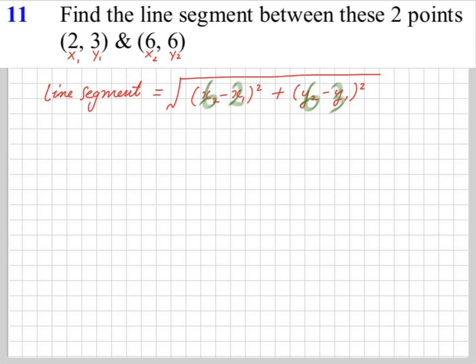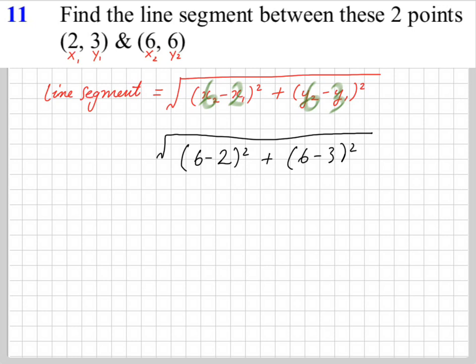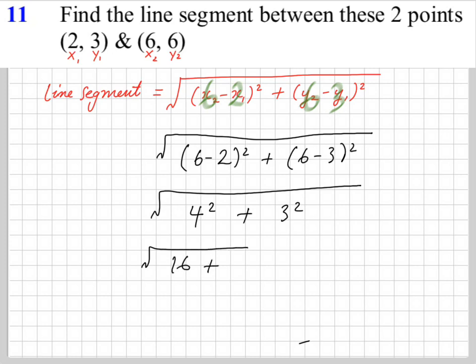I'm going to write this in black. So this will equal the square root of 6 minus 2 all squared plus 6 minus 3 all squared, and then that is equal to 4 squared plus 3 squared, and this is equal to 16 plus 9, and that equals the square root of 25.